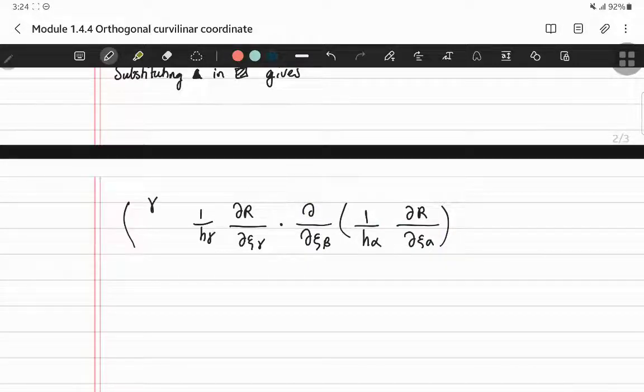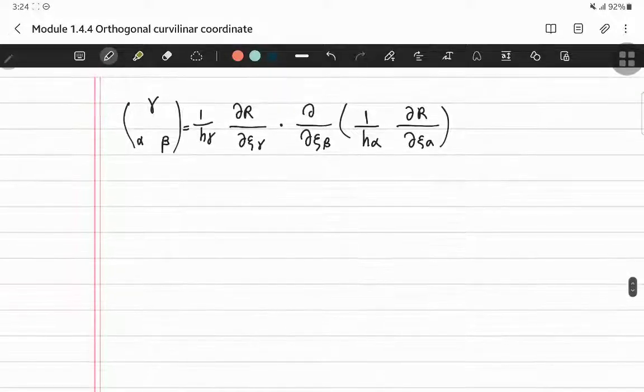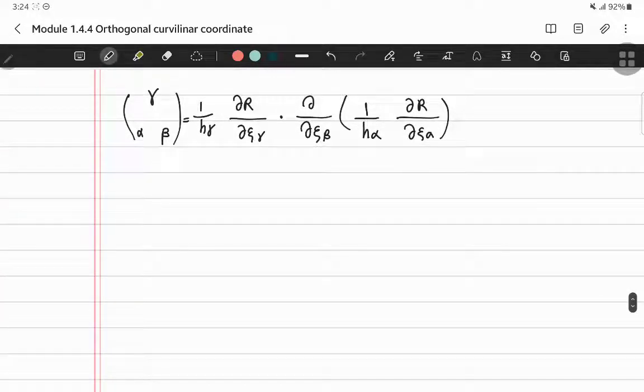Then I have the Christoffel symbol in here. So the Christoffel symbol is equal to this in here. Now, if I expand this, I have 1 divided by H gamma partial derivative of R with respect to Z gamma dot. So I have this in here.